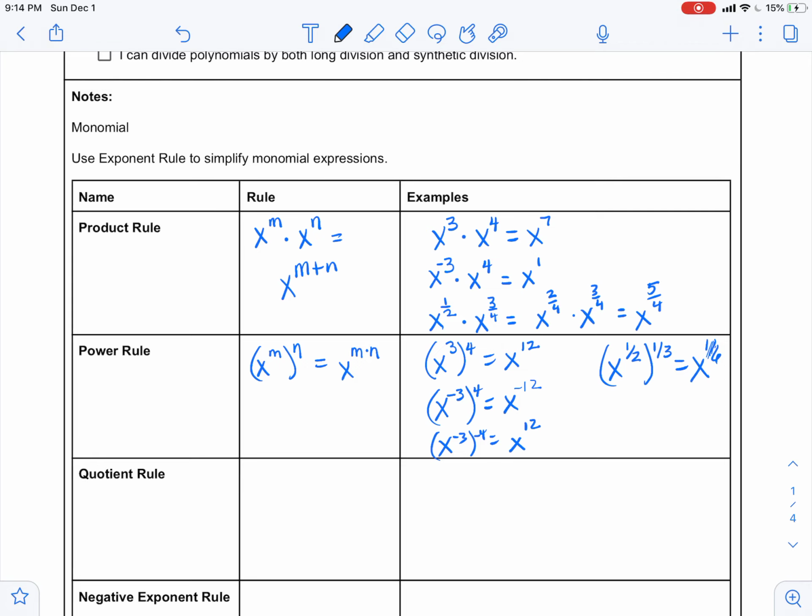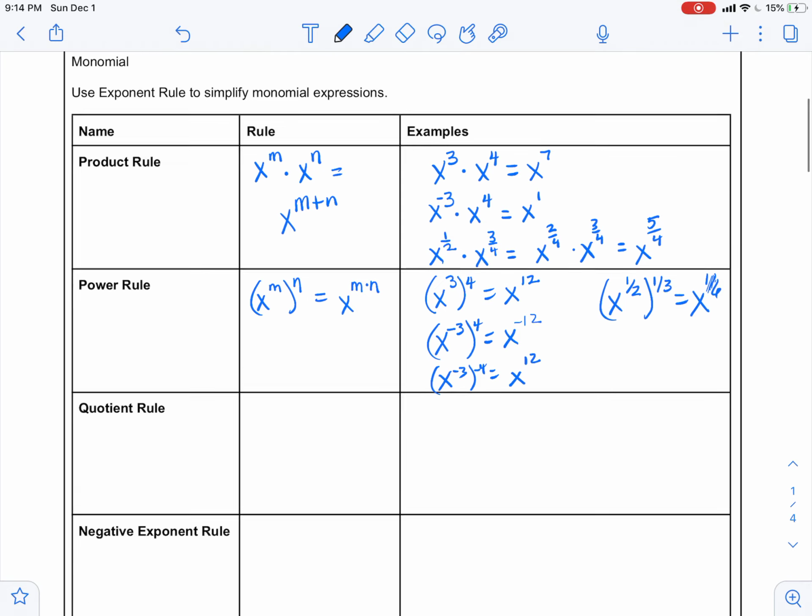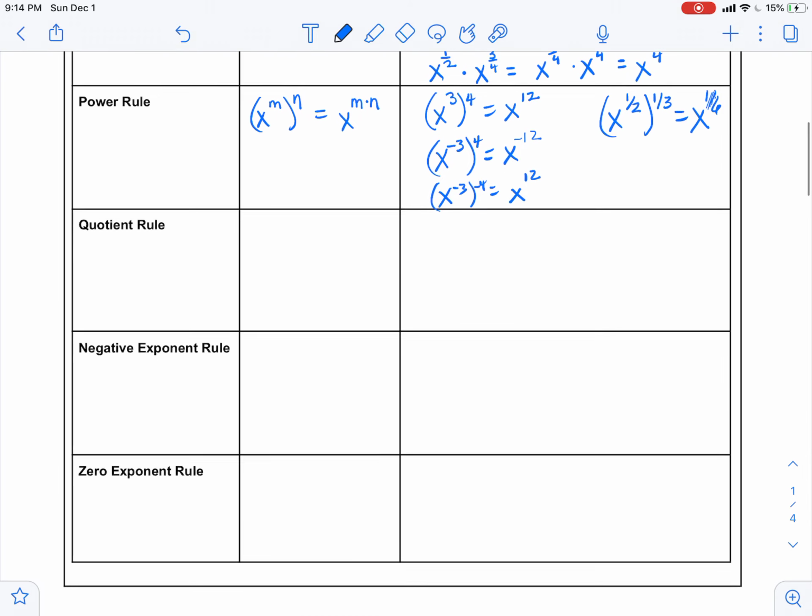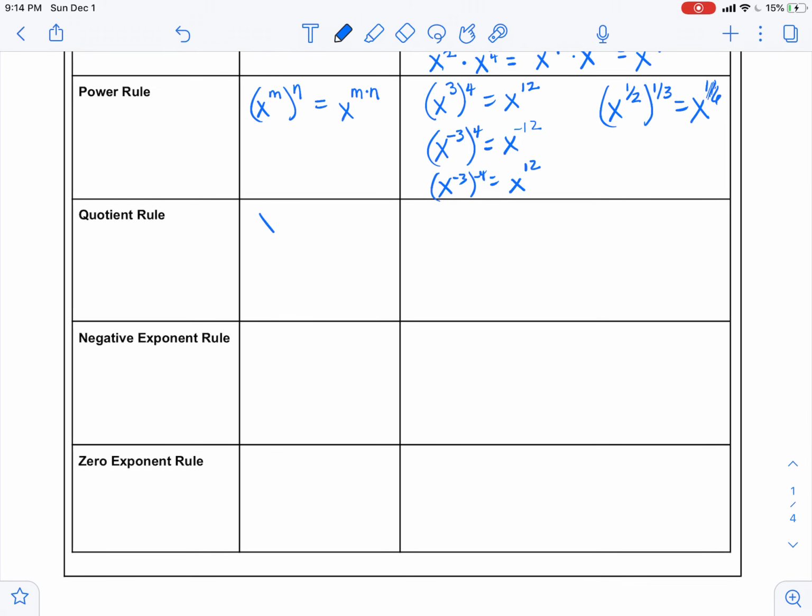Our next one is the quotient rule, which is our division rule, which says if I have x to the m over x to the n, the rule is to subtract. Now remember, when you subtract those, your answer is always in the numerator.